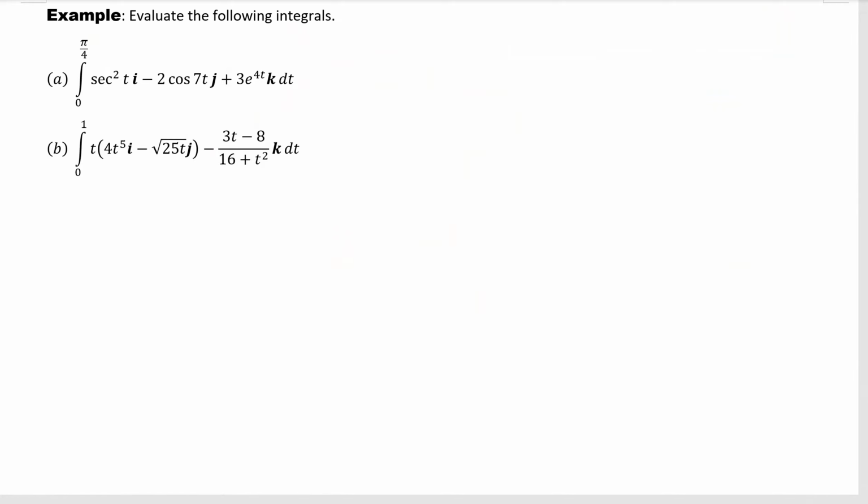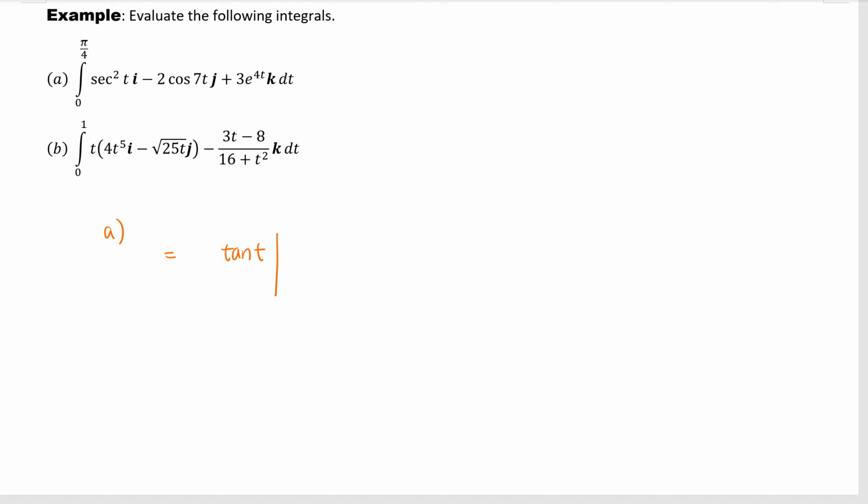So now let's evaluate the following integral. Let's look at the first one, part A. Let's integrate each component. The integral of secant squared is tangent of t.